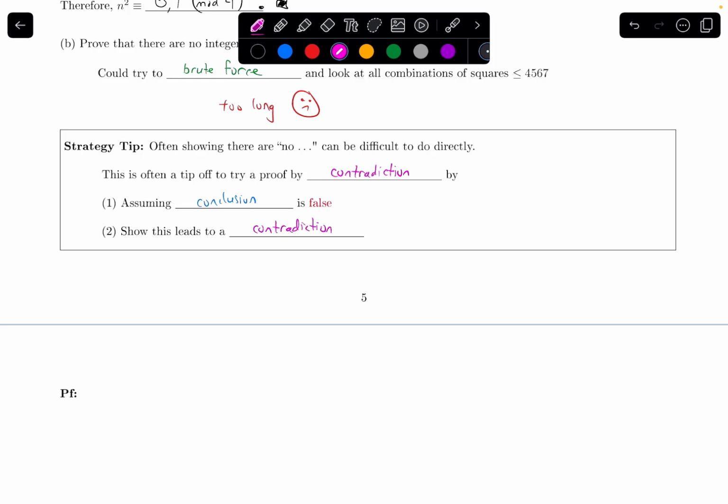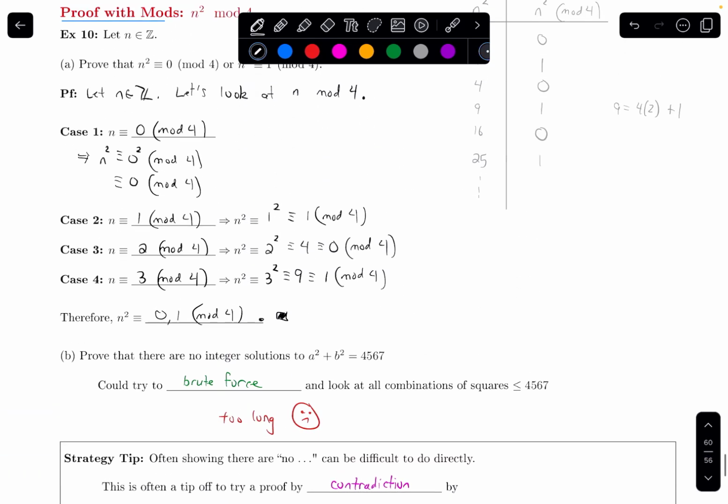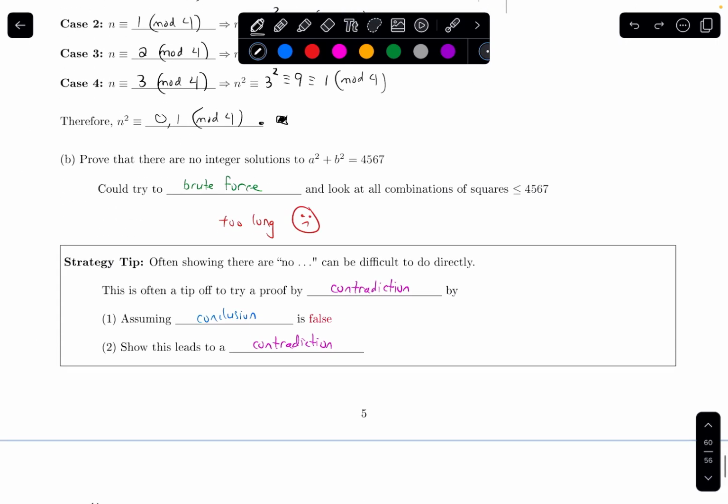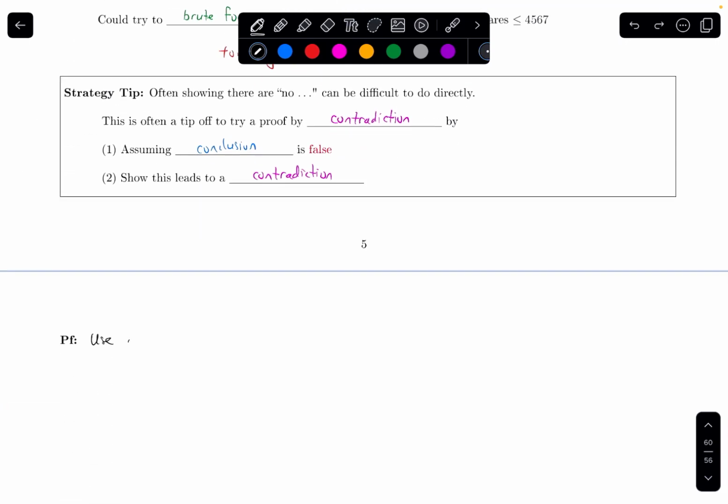So in this proof, because I deliberately put it kind of underneath this, I'm going to be using mod 4, and then we'll see in a sec why that's so great. I'm going to use mod 4.